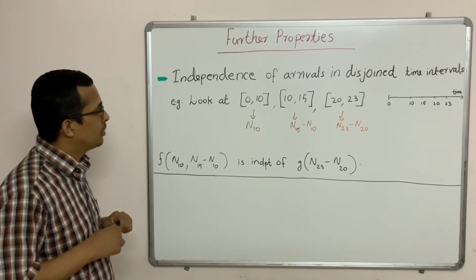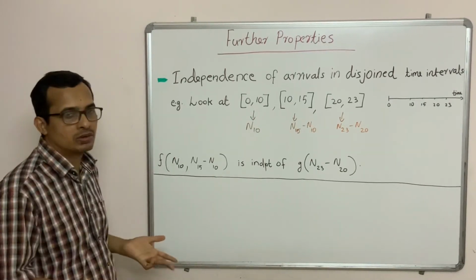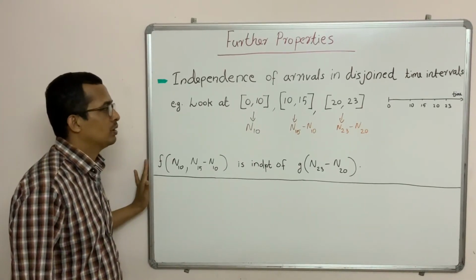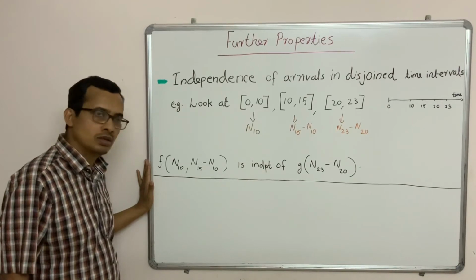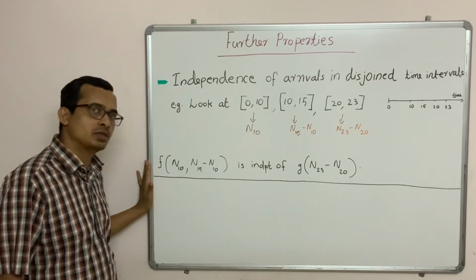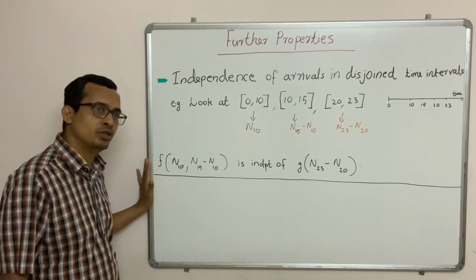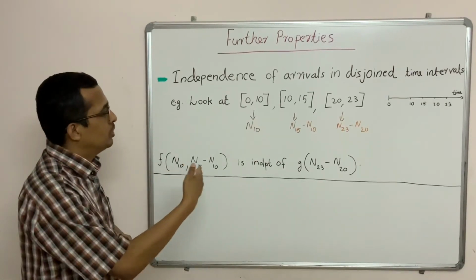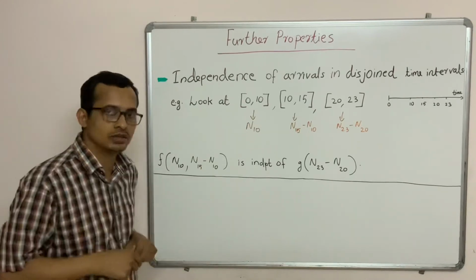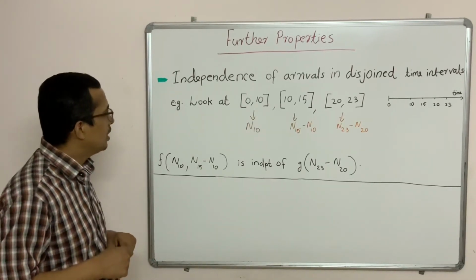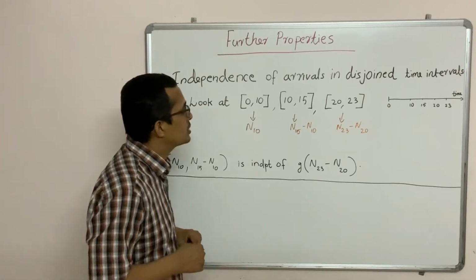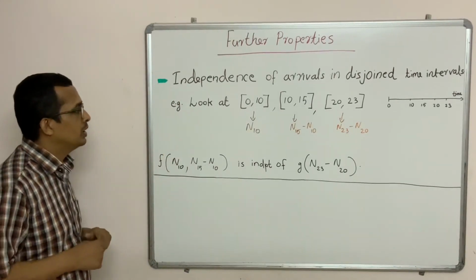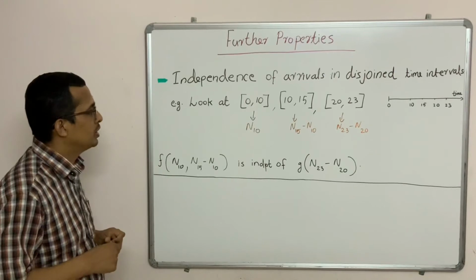And you look at the arrivals in these three intervals. The arrivals in the interval 0 to 10 is N10, assuming that the process starts at time t equals 0, so N0 is 0. The arrivals in the interval 10 to 15 is N15 minus N10. And finally, the number of arrivals in the interval 20 to 23 is N23 minus N20.